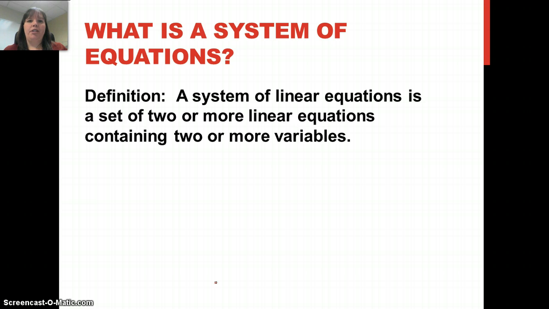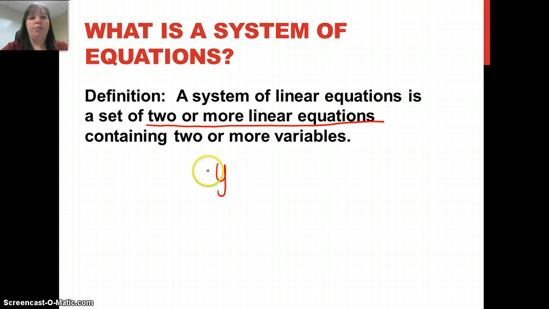The official definition: a system of linear equations is a set of two or more linear equations containing two or more variables. So in general, what we're going to be seeing is equations like we've been seeing the past chapter.